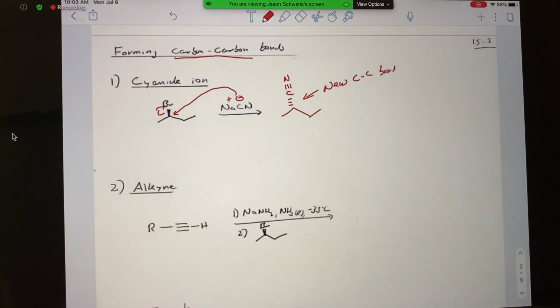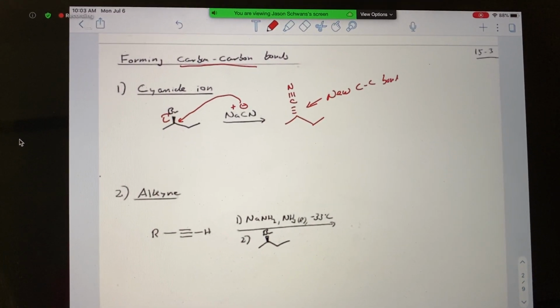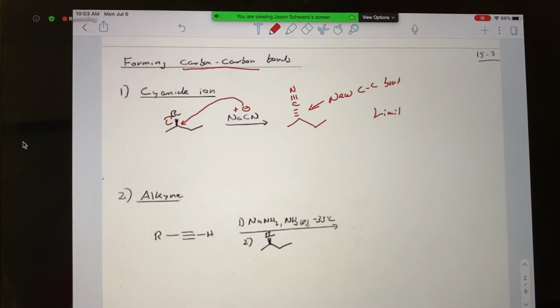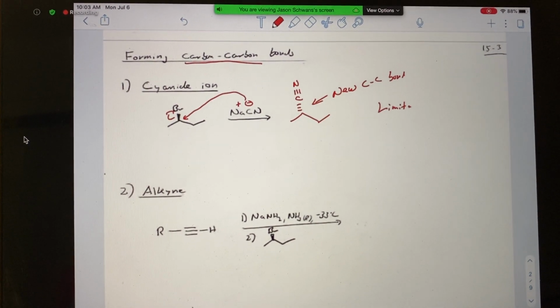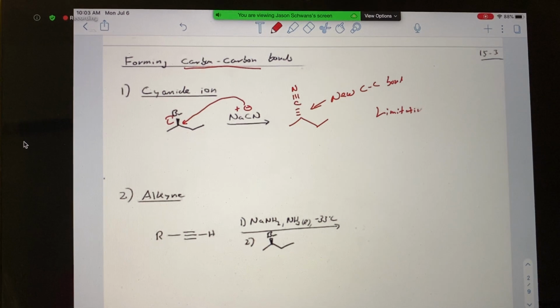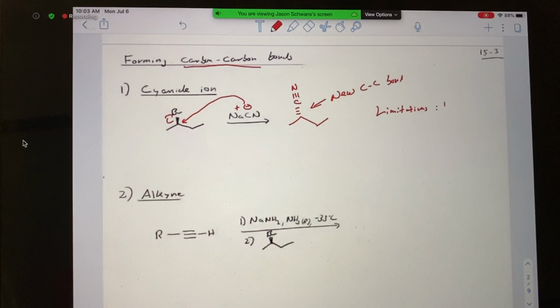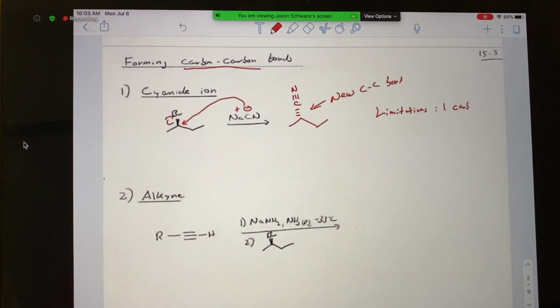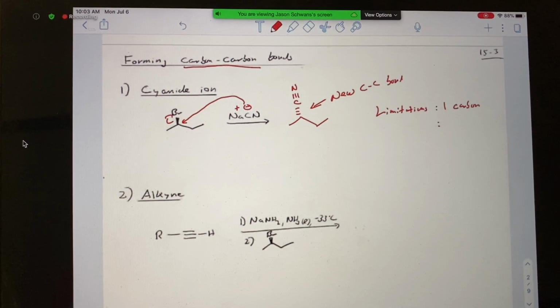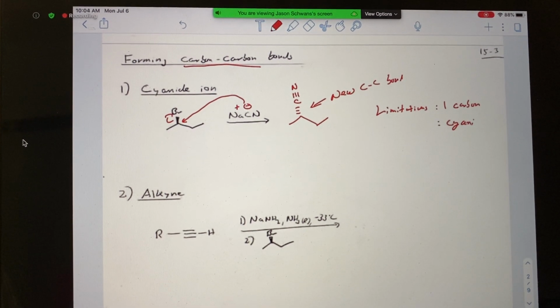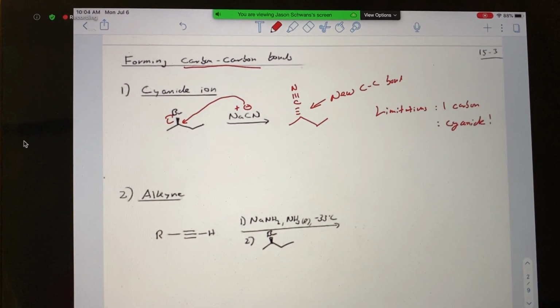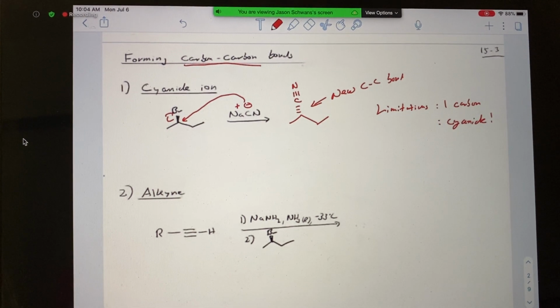So that's great. However, limitations is it's one carbon, just fine. And then also working with cyanide. So not necessarily the friendliest reaction condition.